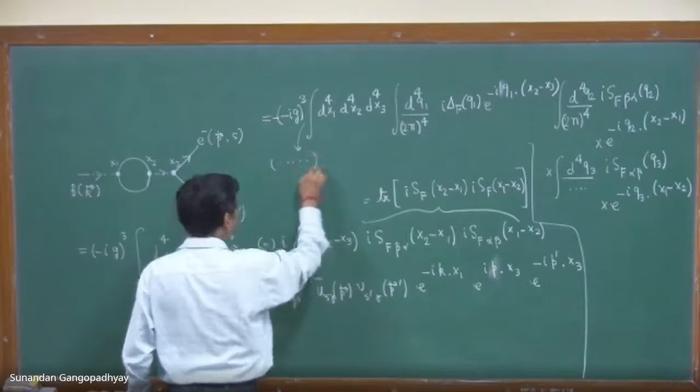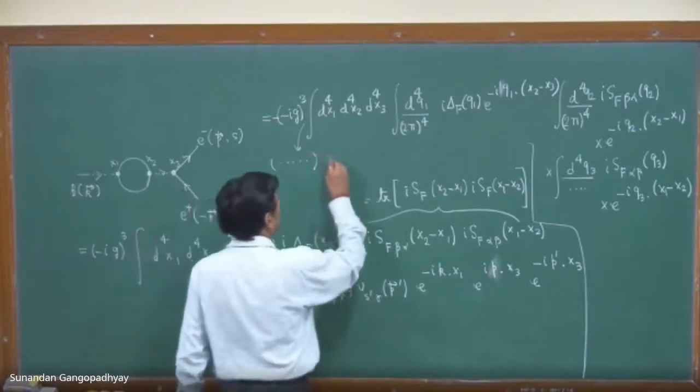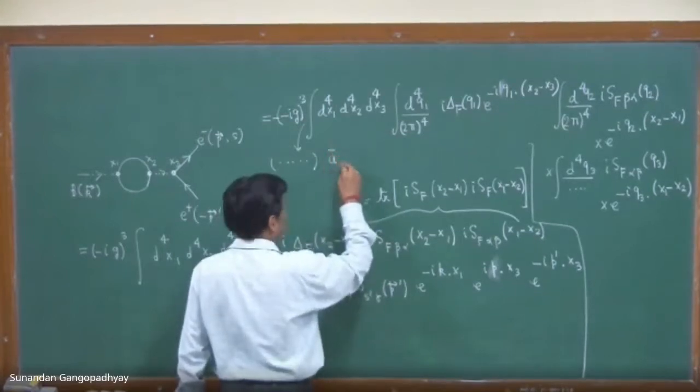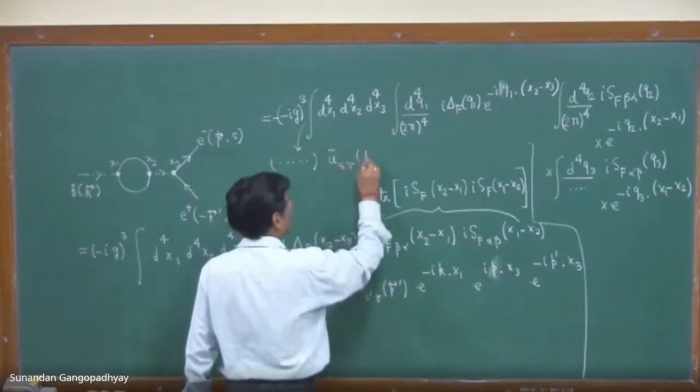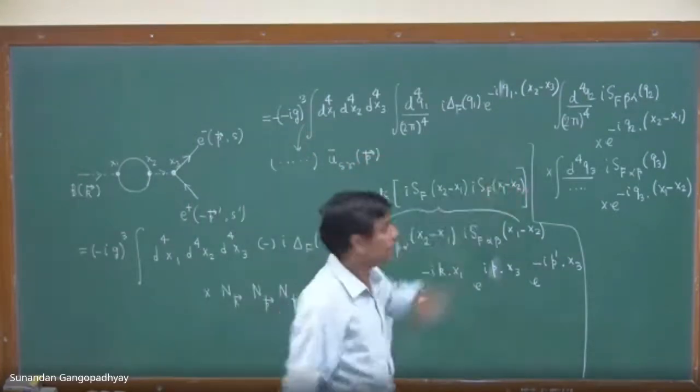The normalization factors in k and p prime. You can also put u bar, this gamma, p here, and then the full integral.